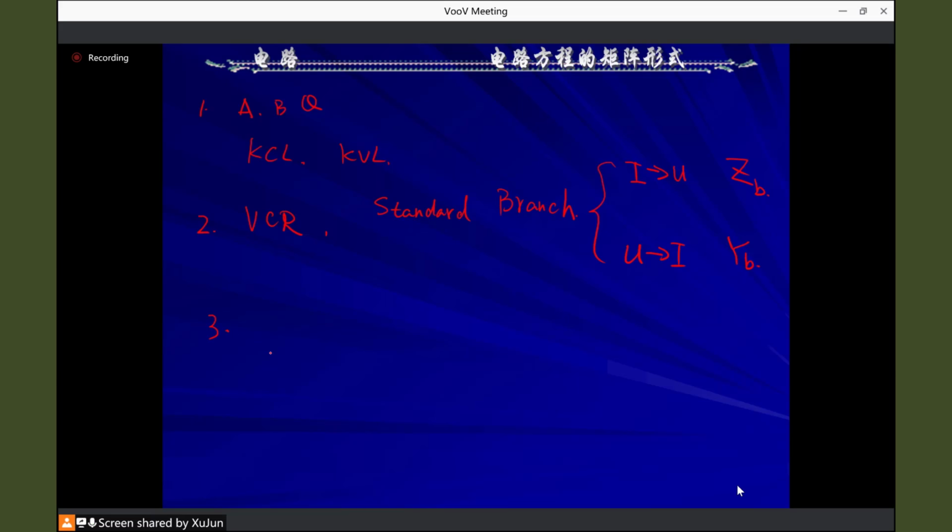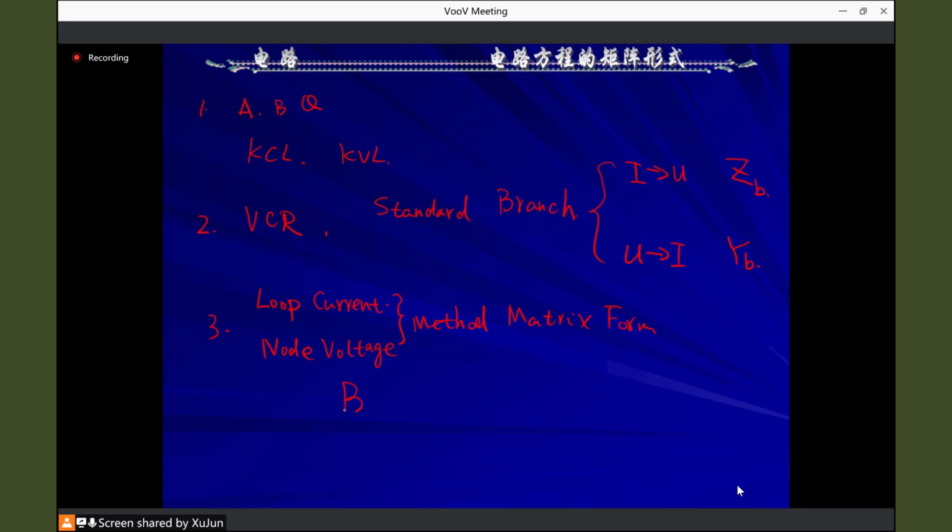And then we introduced the loop current method and the node voltage method. The matrix form, we get two functions at last.